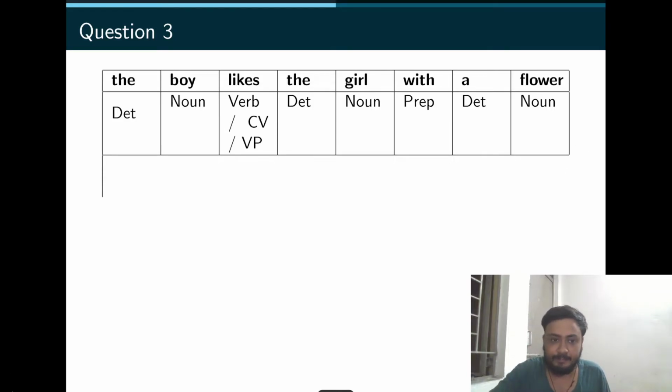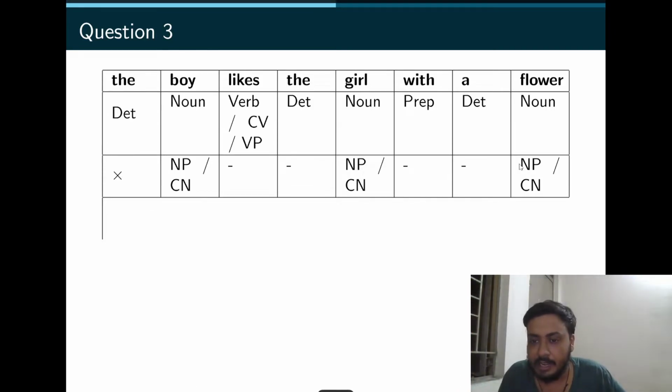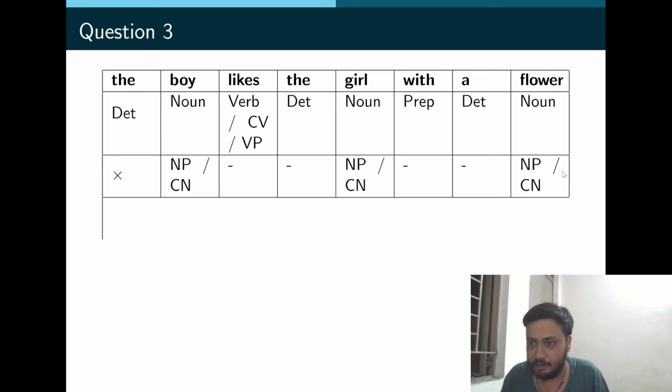All right. Now for the next step, what do we do over here? The notation I am using is that in this step we can combine all those things that are a distance of 1 apart from each other, or we can group two consecutive words or their respective non-terminals and see what rules can be used to reduce to that.